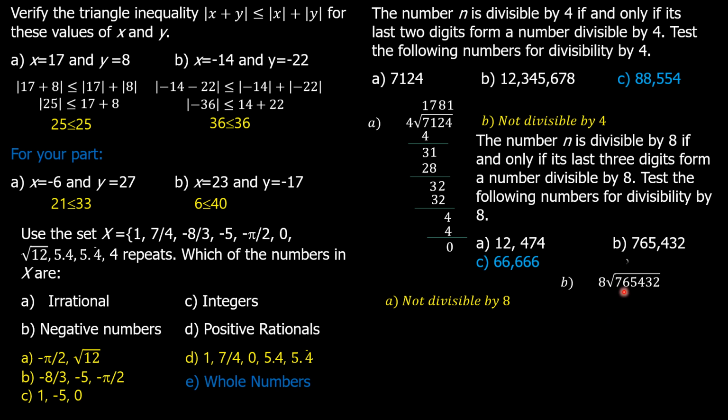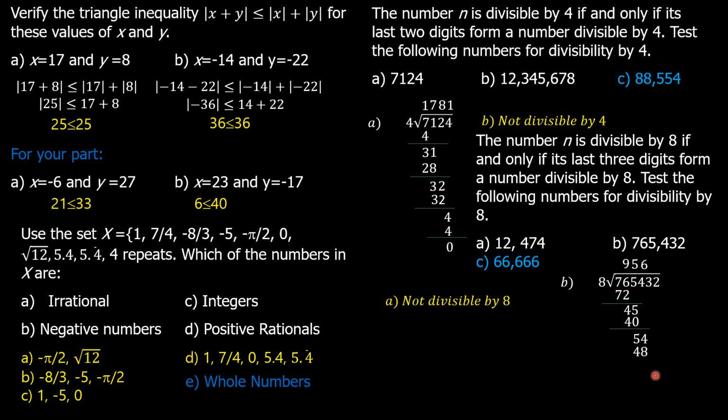We begin with 76 divided by 8. So 9. 9 times 8, 72. Subtract. So 4, bring down 5. So 45 divided by 8, 5. 5 times 8, 40. And subtract, we have 5, bring down 4, so 54. 54 divided by 8 is 6. 6 times 8, 48.